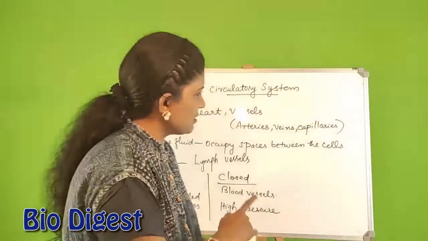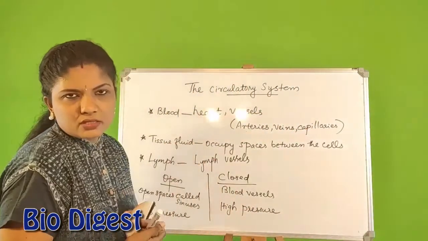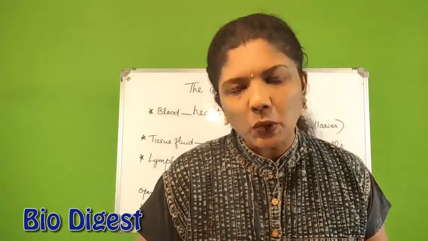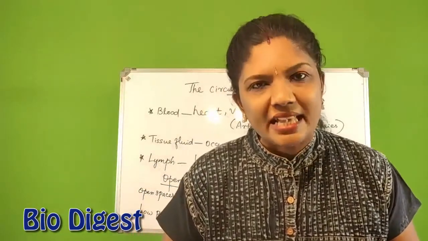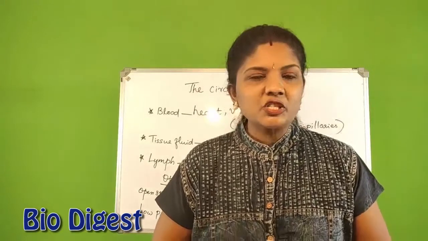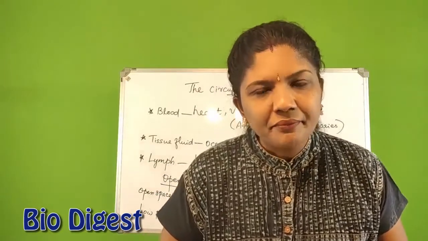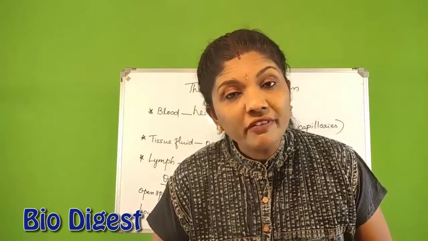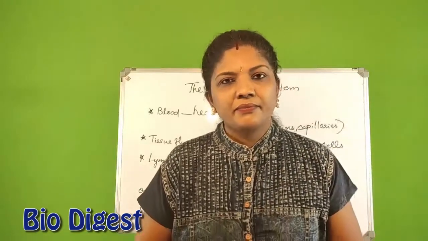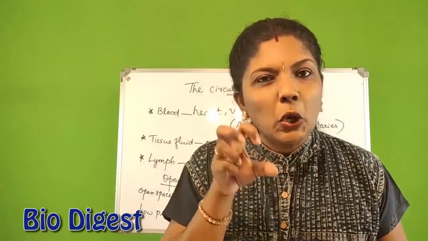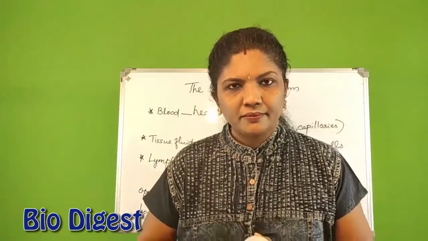Apart from these three circulating fluids, there are some non-circulating fluids present in the body. For example, vitreous humor that is present in the eye, then synovial fluid that is associated with synovial joints. All these are non-circulating fluids.